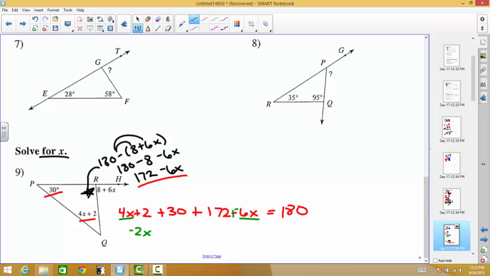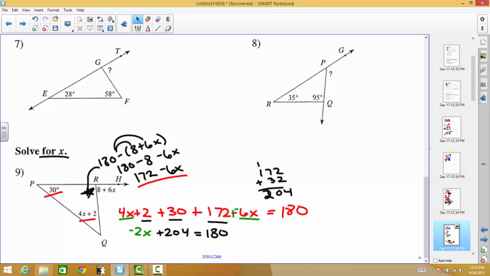Now we've got all these numbers. 2 plus 30 is 32 plus 172. 2 plus 2 is 4. 7 plus 3 is 10. So it's 204. So negative 2x plus 204 is 180.